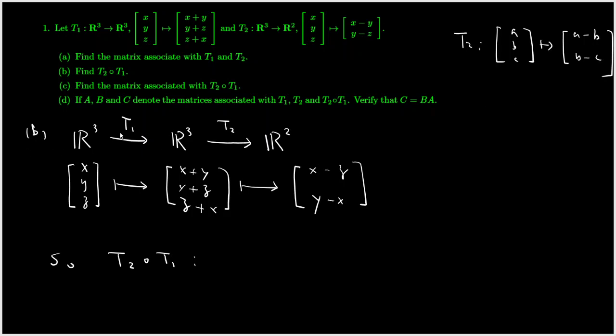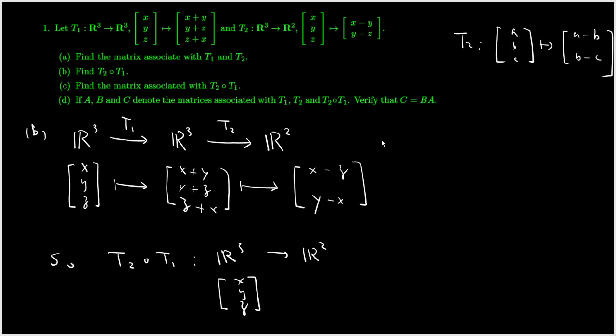You see the chain. After connecting T1 and T2, the beginning of the chain is R3. The end of the chain is R2, right? So the composite is from R3 to R2. And then to specify the composite, you tell me the rule. So the rule is something like x, y, z.